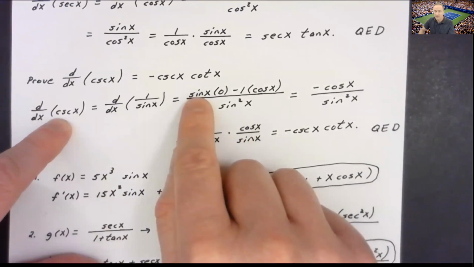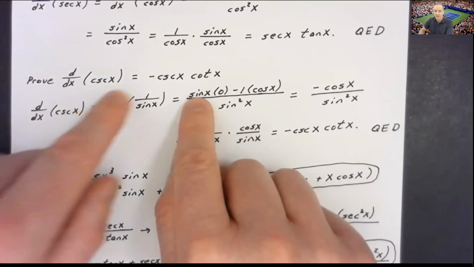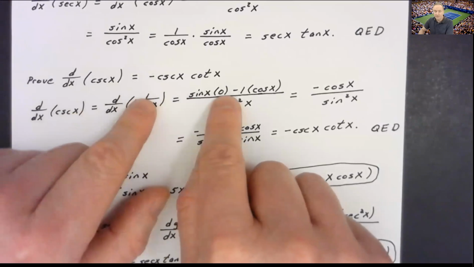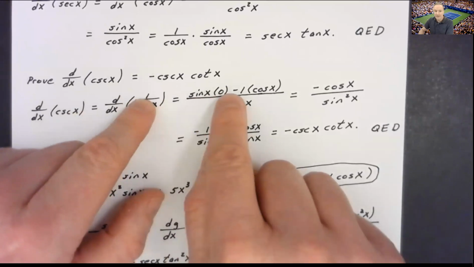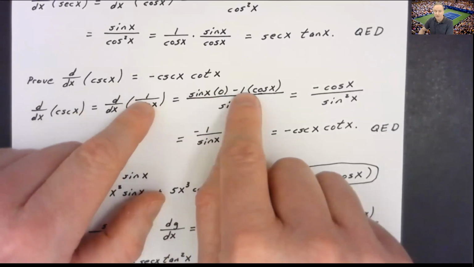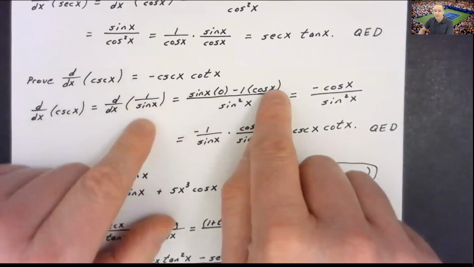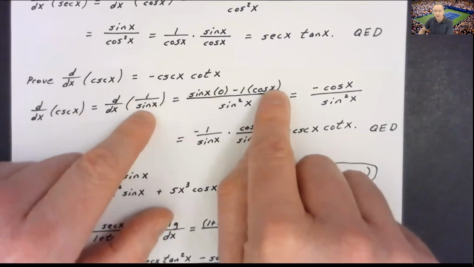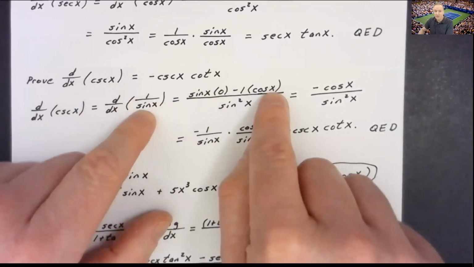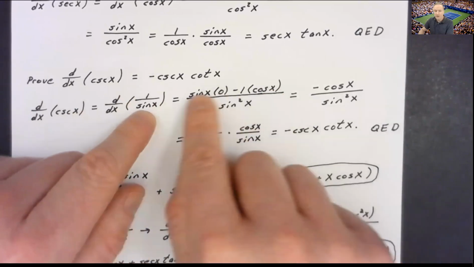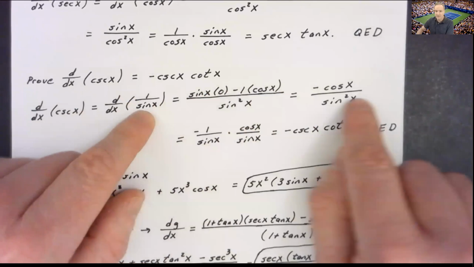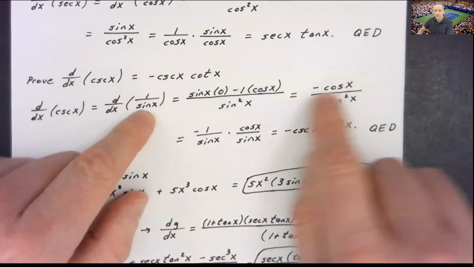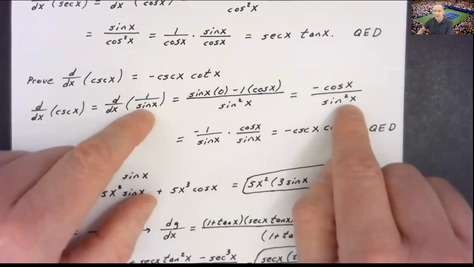Bring that denominator up to the numerator. Multiply that by the derivative of the numerator, but the derivative of any constant is 0. So low d high minus high, the numerator, minus 1, times the derivative of the denominator. And again, we've already proven derivative of sine is cosine. So now when I simplify this, my numerator is just going to be 0 minus the cosine of x, negative cosine x, over your denominator of sine squared x.